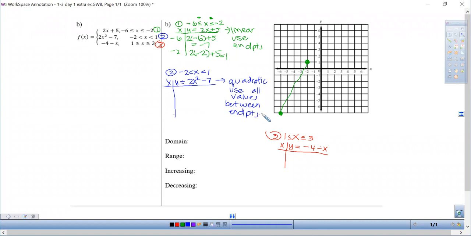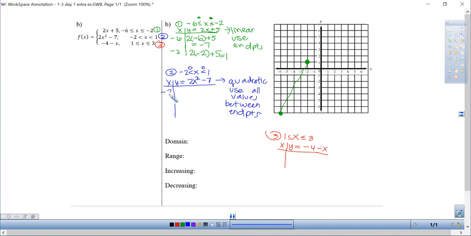Okay, so my endpoints are from -2 to +1, not included. So that means that both of my endpoints will be open dots. Remember that the open piece is only the endpoints. I always have a solid line between them.